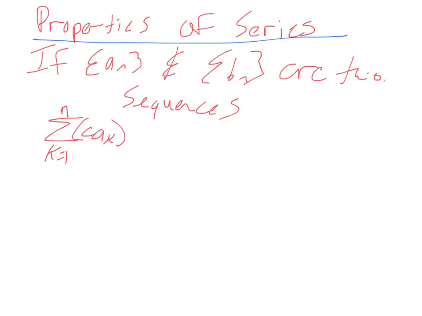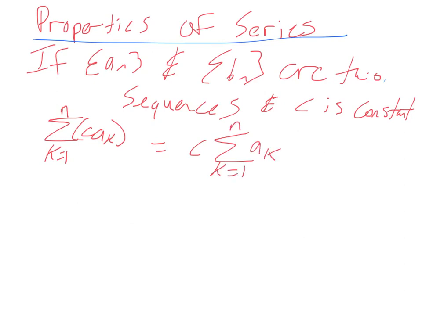So if I'm taking this sequence a sub k and multiplying each of the terms by c, and c is a constant, then I can just write that as c times the sum from k equals 1 to n of a sub k.